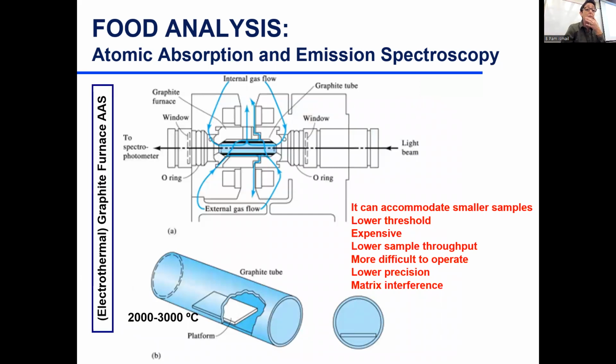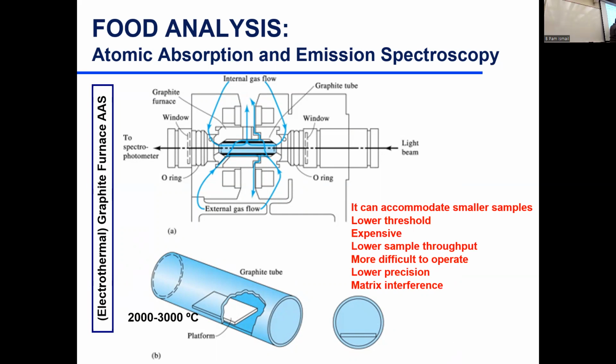Now, this very briefly is a different type of atomic absorption. It's not based on having a flame. You have a graphite tube. So instead of a flame, you have a tube and a platform where you put a small amount of sample, and that gets heated at really high temperature.